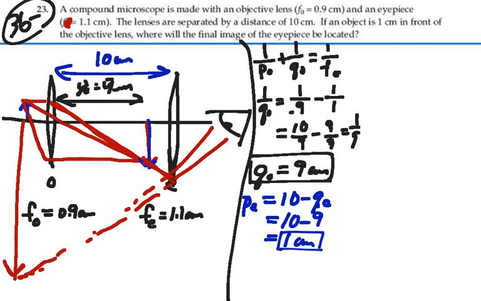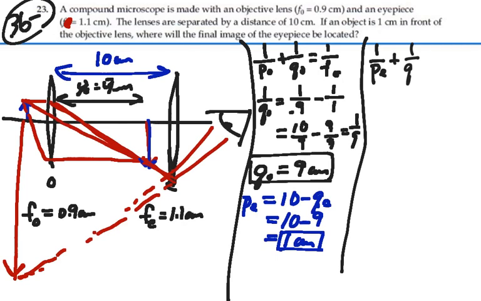So that image is indeed 1 centimeter in front of the eyepiece lens. And this image will act as the object for the eyepiece. So now we have 1 over the object distance plus 1 over the image distance for the eyepiece is equal to 1 over the focal length for the eyepiece.